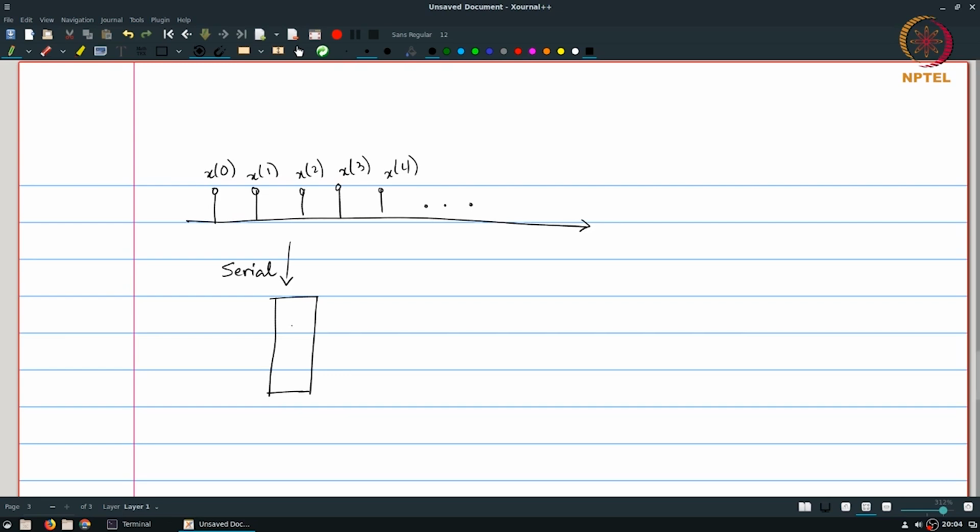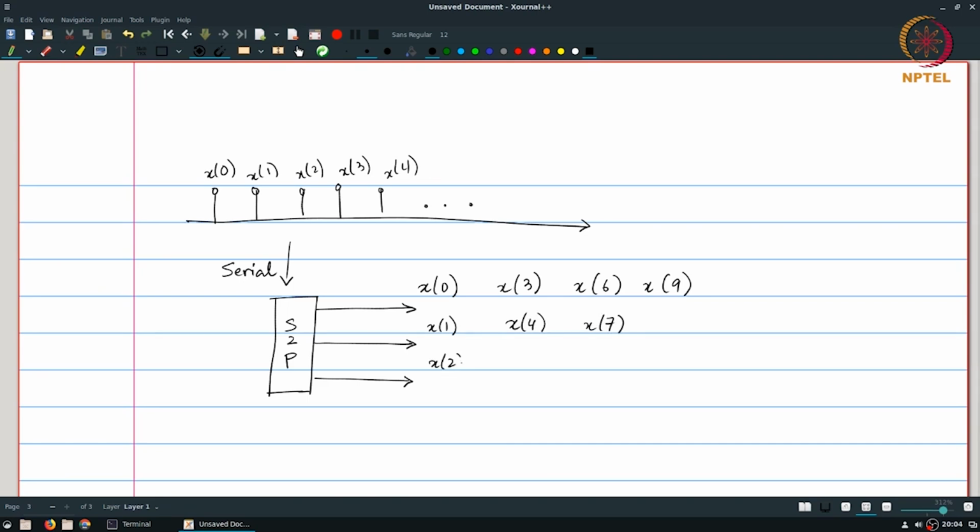But what comes out is three different streams of data. On the first, x of 0, then x of 3, x of 6, x of 9, and so on. On the second stream, you get x of 1, x of 4, x of 7, and so on. And on the third, you get x of 2, x of 5, x of 8, and so on.